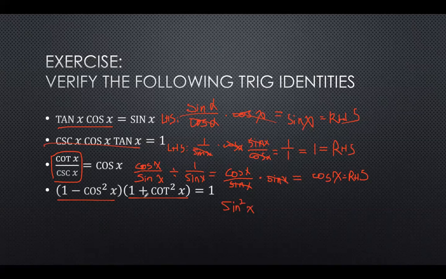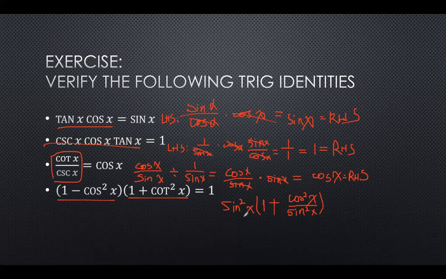Okay. And 1 plus cotangent squared of x, we can rewrite cotangent into cosine over sine. So basically 1 plus cosine squared over sine squared.